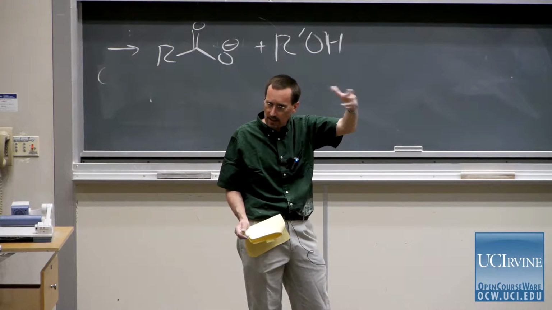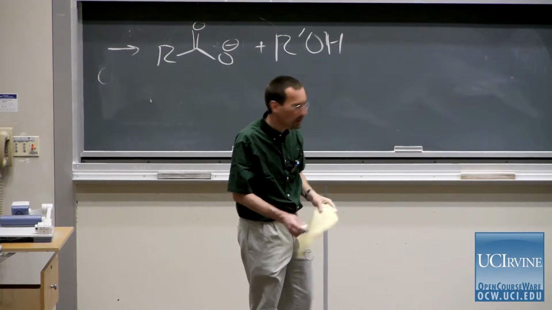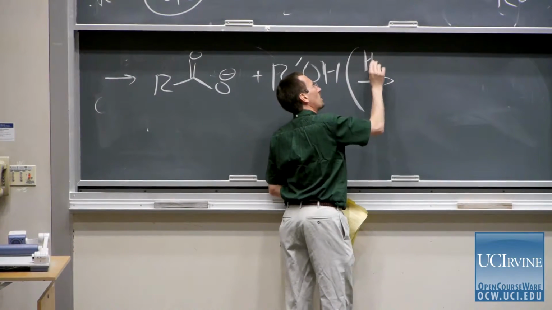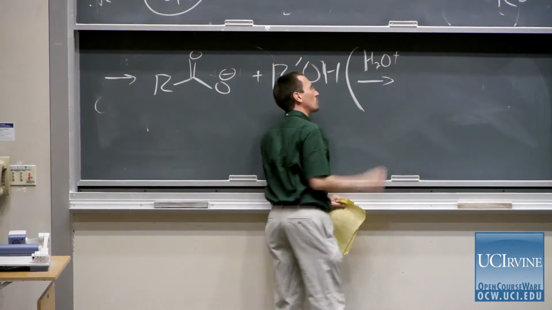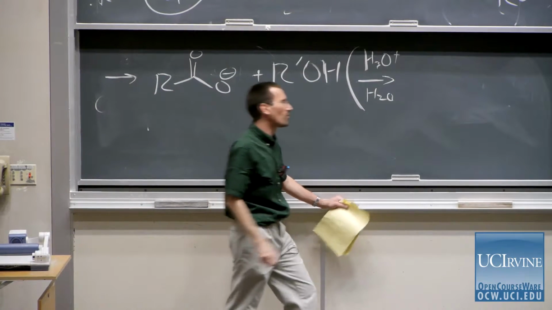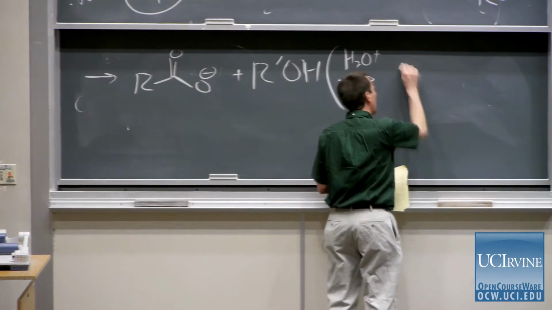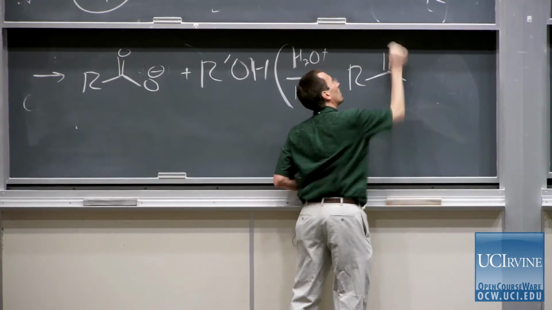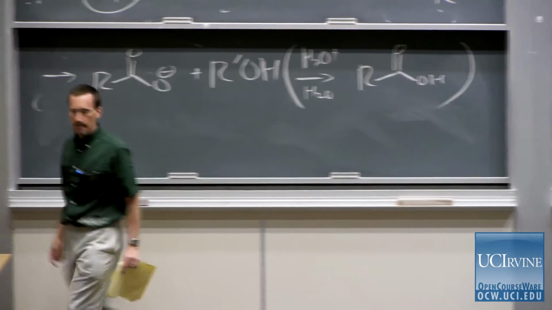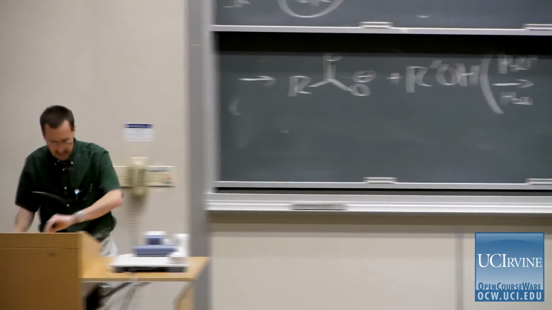And then very commonly you will acidify with some strong acid in water like HCl or H2SO4 and isolate from there the carboxylic acid. Sometimes in the laboratory it will precipitate out.